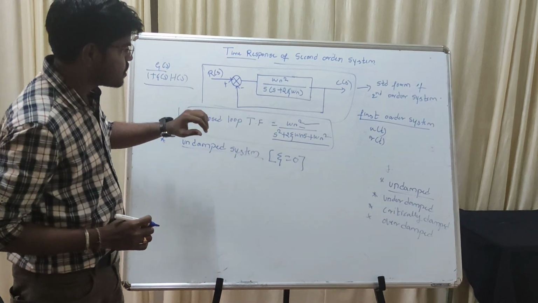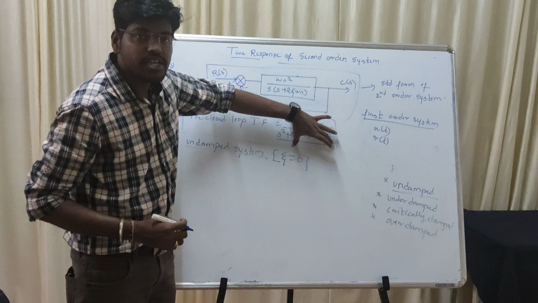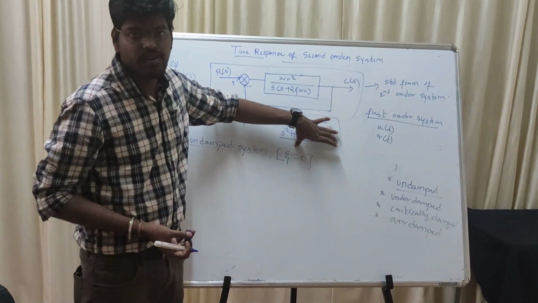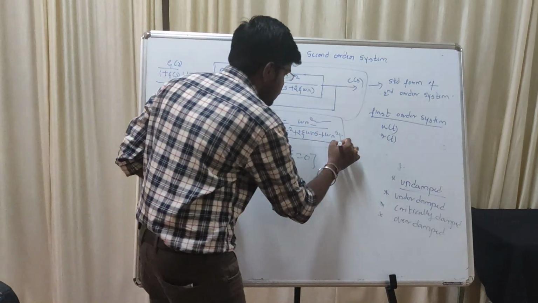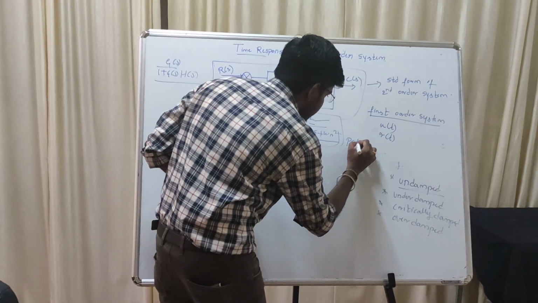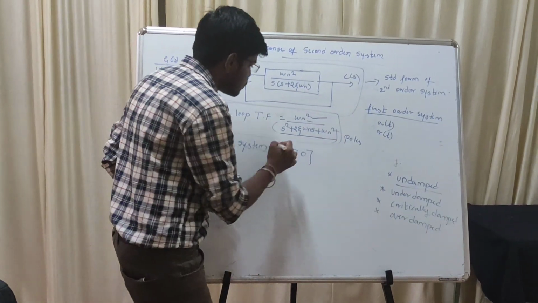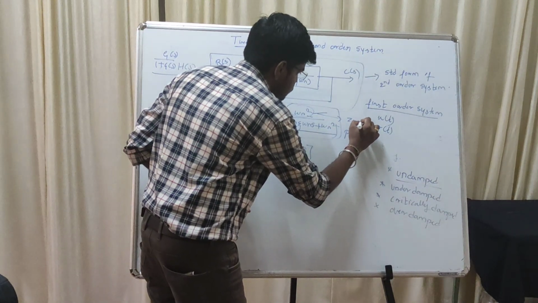Look at the transfer function. If we equate the denominator of the second order system to zero, that is the characteristic equation of the second order system. The roots of this characteristic equation are usually represented as poles, and the roots of the numerator are usually represented as zeros.